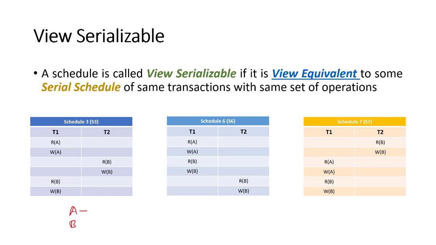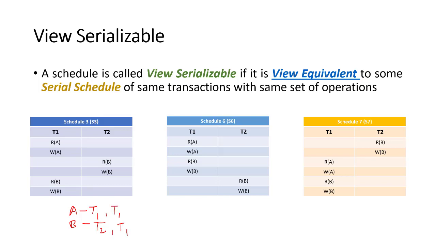Which transaction is performing the initial read? Obviously, we have learned that it is T1 for A, and for B it is T2. Which transaction is performing the final write operation? For A it is T1, and for B it is also T1.